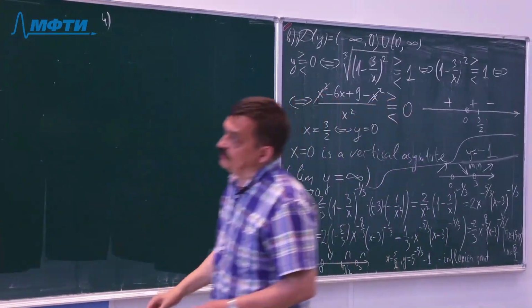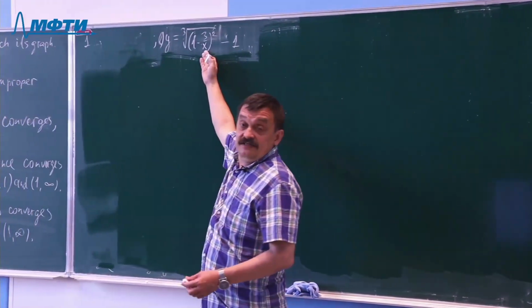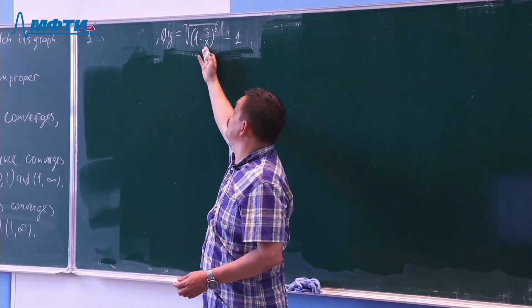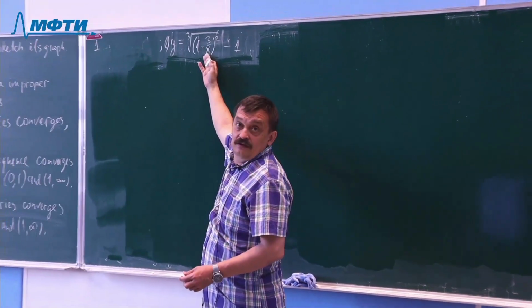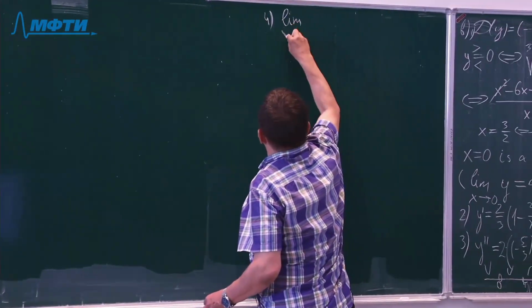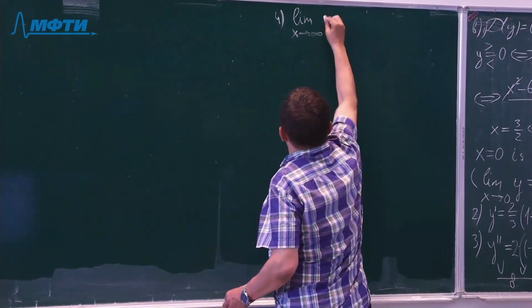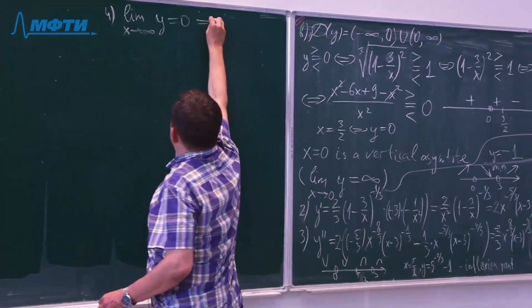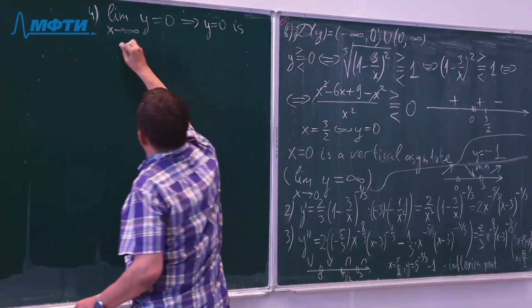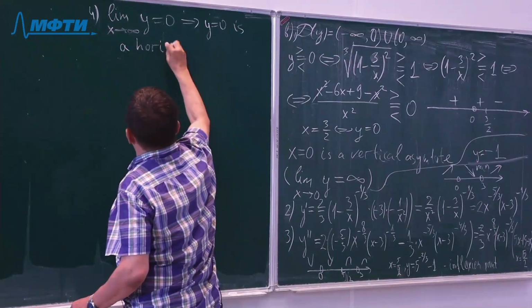And here you see when x tends to infinity, again, doesn't matter which plus or minus, we obtain y equals to 0. So the limit as x tends to infinity of y equals to 0, hence y equals to 0 is a horizontal asymptote.